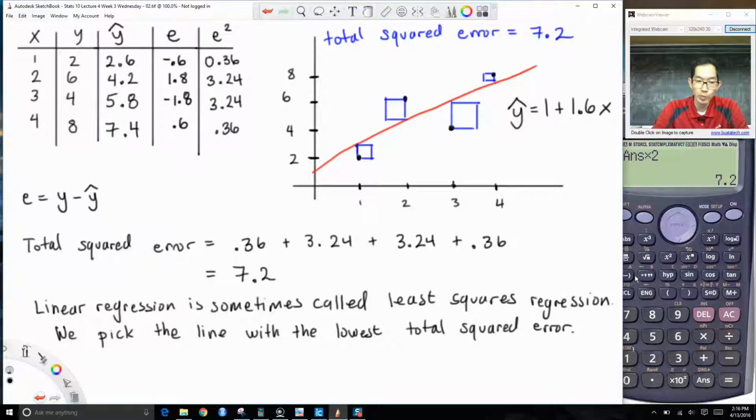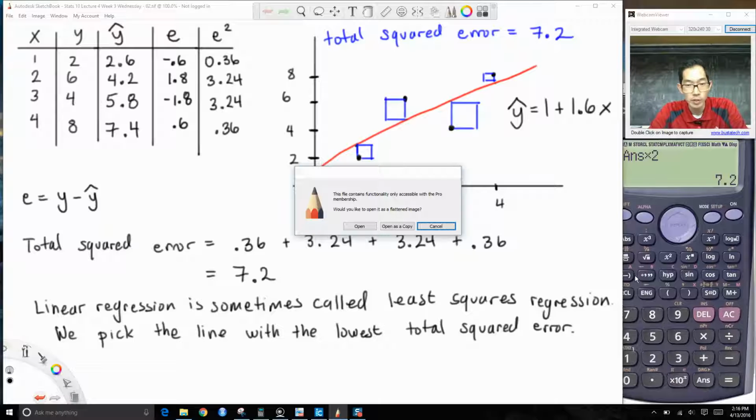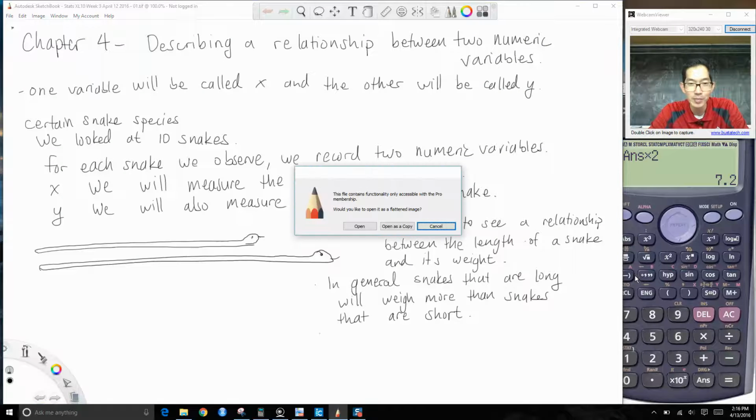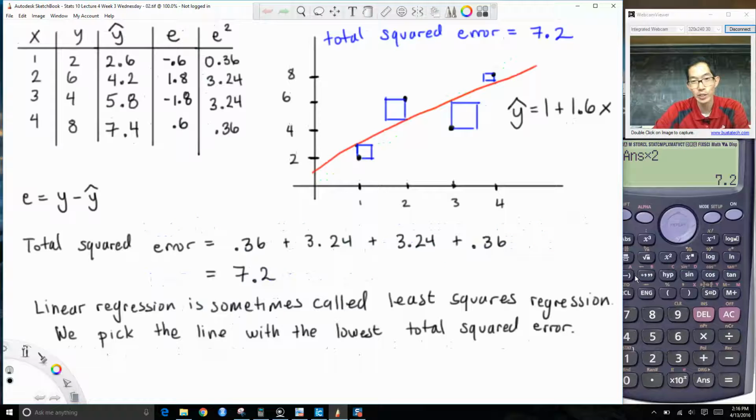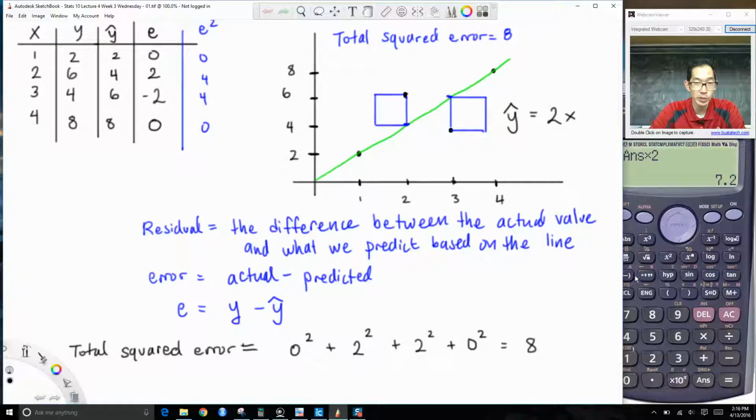Okay, and so between the two candidate lines that I had, y hat equal to 2x and y hat equal to 1.6x, so I have this. This is one possible line, the green line versus the red line. The green line has a total squared error of 8.